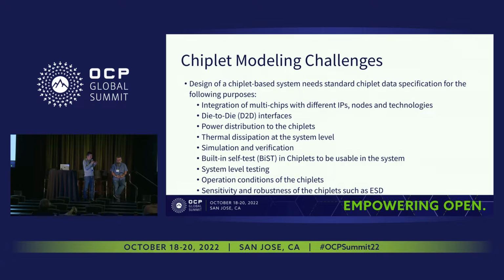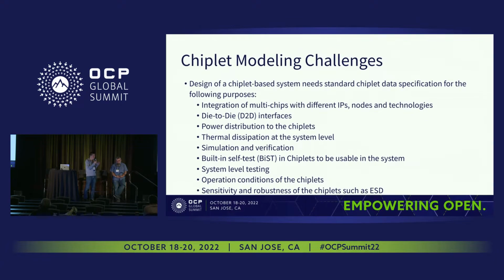Like Pabi mentioned earlier, you either put many different dies together coming from different vendors, and you might need to test each of them, to make sure they operate properly in this kind of heterogeneous design so that it is usable at the system level. Same for overall system level testing: you again require the chiplet data to do the overall testing.